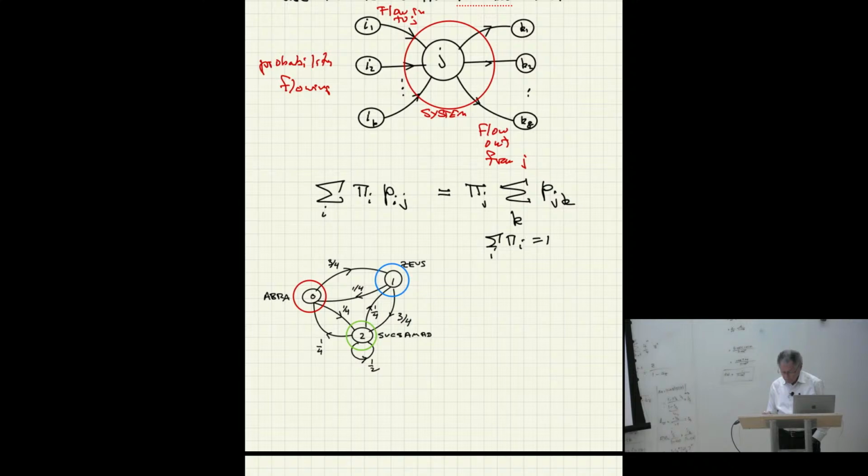A quarter from pi 1 plus a quarter from pi 2, and that must equal what's flowing out of state 0, the red state, namely pi 0 times how much? 3/4 plus 1/4.